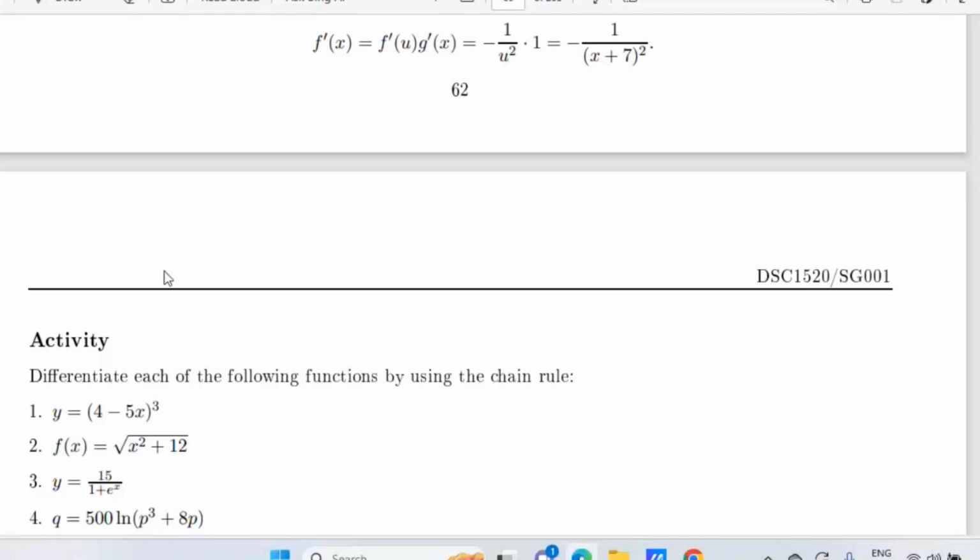Let me go to Butle. What did you get, my sister? I am getting negative 15 e to the power x all over open bracket 1 plus e to the power x close bracket to the power of 2.